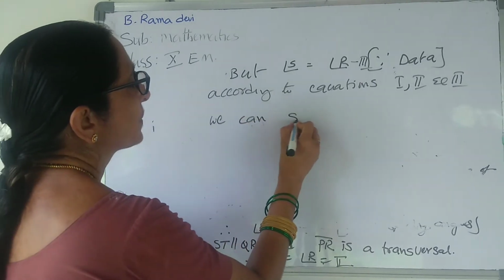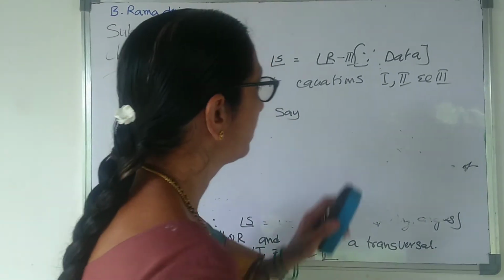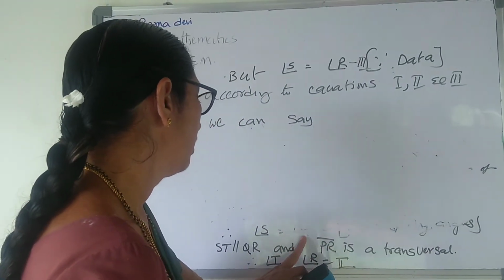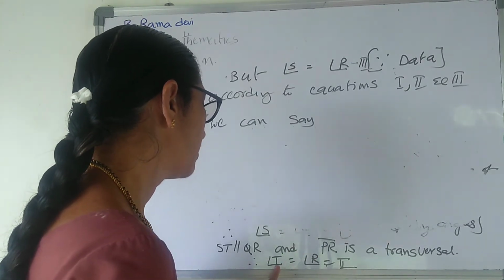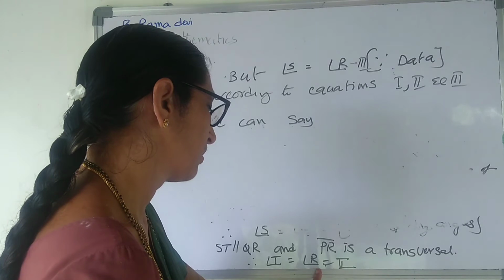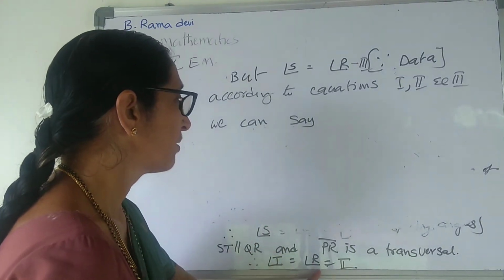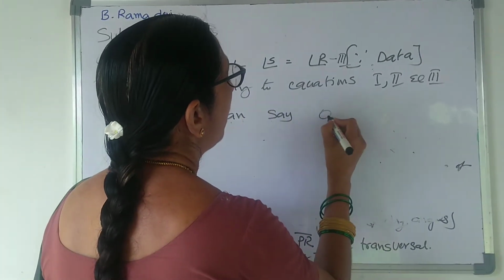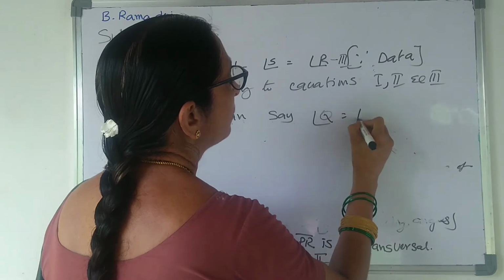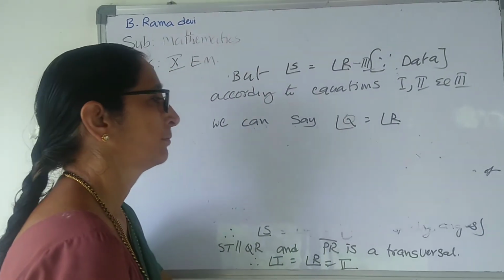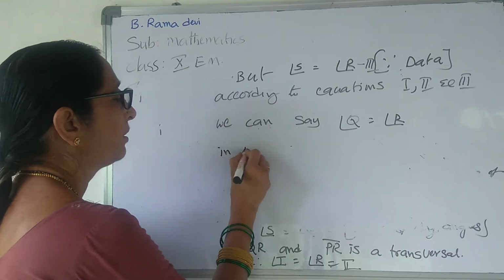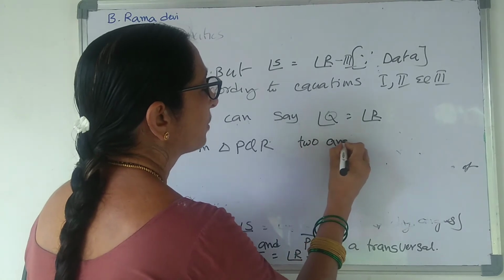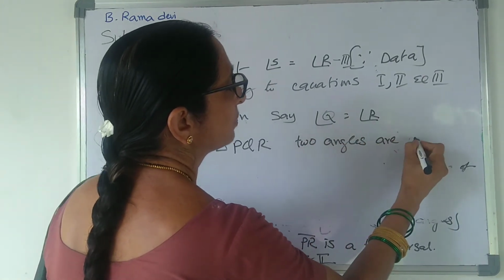we can say according to 1, angle S is equal to angle Q. Angle T is equal to angle R. But angle S is equal to angle R. So we can say angle Q is equal to angle R. In triangle PQR, two angles are equal.